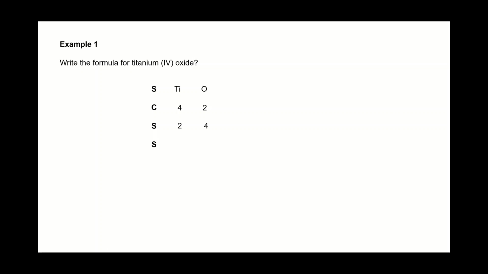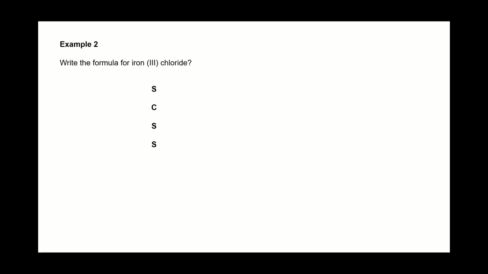This S stands for swap, so we swap the numbers between the columns. And finally, to simplify this, we can see they both share a common factor. They both divide by the number 2. So we can write a 1 and a 2 in those columns. So the formula for titanium 4 oxide is TiO2.